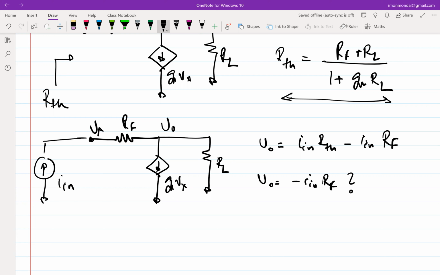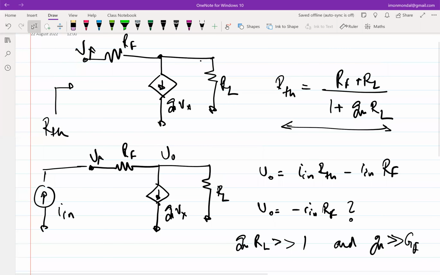Yeah, RTH should be 0, but in terms of GM and all those parameters. Yeah, fine. So GMRL should be much greater than 1, but is that sufficient? Also GM should be much greater than GF, right? GM has to be much greater than GL and GF, both.